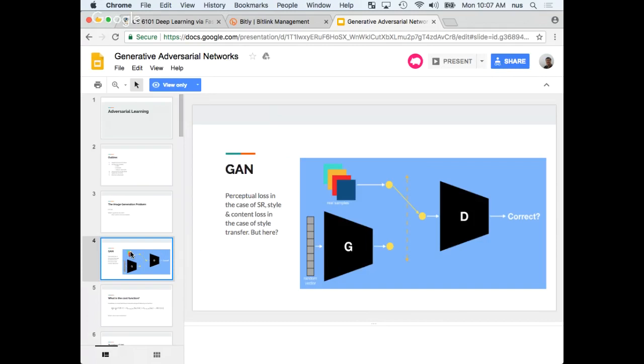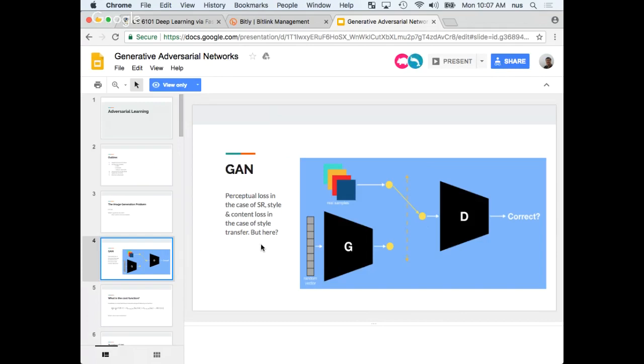So one of the better methods of doing this is through GANs. This is the generic structure of what all GANs will be. There'll be a generator, a discriminator. Last week we learned that for style transfer you had two types of losses, which is the style loss and the content loss, and you use both of them to transfer style.